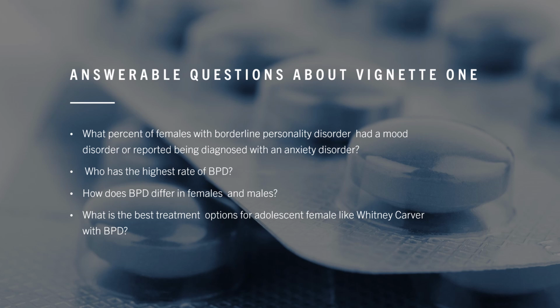What are the best treatment options for adolescent females with borderline personality disorder? Dialectical behavioral therapy or cognitive behavioral therapy? Looking at dialectical behavioral therapy specifically, it was created to help people with borderline personality disorder, but it also helps with an array of conditions.